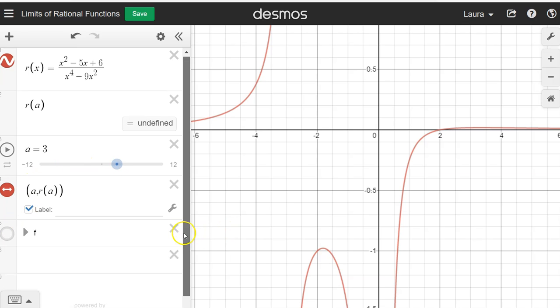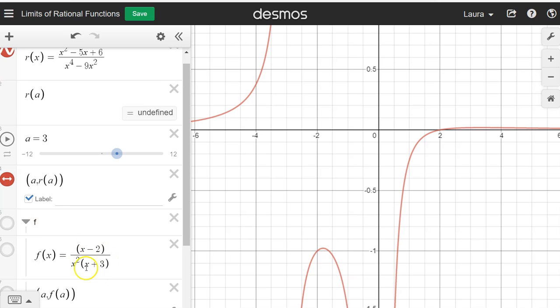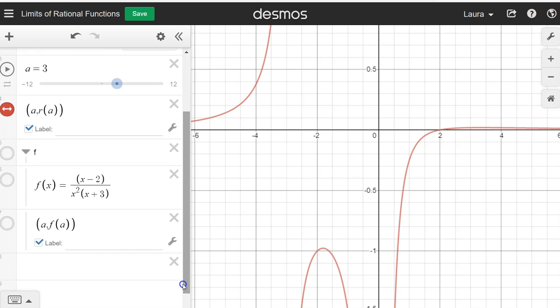If we look at another function, this function f, which is exactly similar to r except for that one missing point, let's do this approach to 3 again, but instead of just looking at the r function, there we see f of x, our function that's exactly the same, but with those x minus 3's crossed out. We see the coordinates right there are exactly the same.